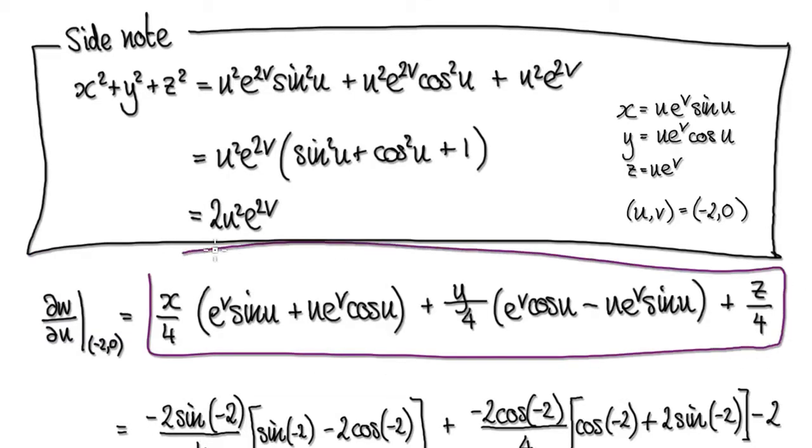Now let me think. Now if we put negative 2 into the u and 0 into the v and negative 2 into the u, this x here would then become this.